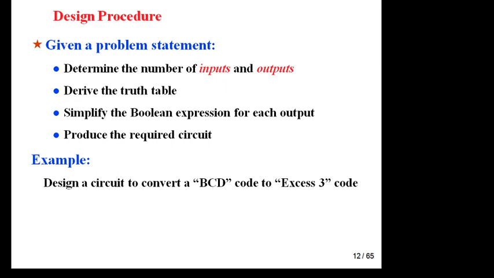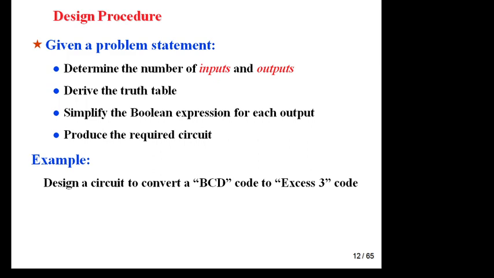Suppose you have to design a BCD code to XS3 code converter. Suppose you have to design a combinational circuit which converts a BCD code into XS3 code. First of all, you will determine inputs and outputs. You know, in BCD code there are 4 bits, the 8421 code, so there will be 4 inputs.